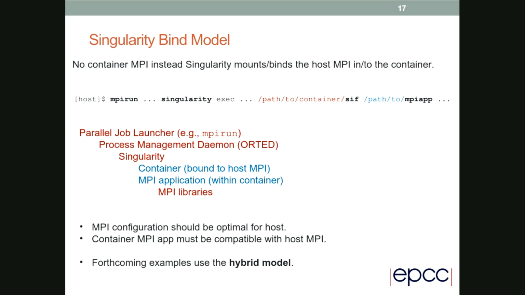This is quite a nice way if you have to have runtime performance. If your MPI library is particularly tightly bound to the hardware on the host, this might be an approach you would need to take. The forthcoming examples I'm going to show are based on the hybrid model, just so you know.